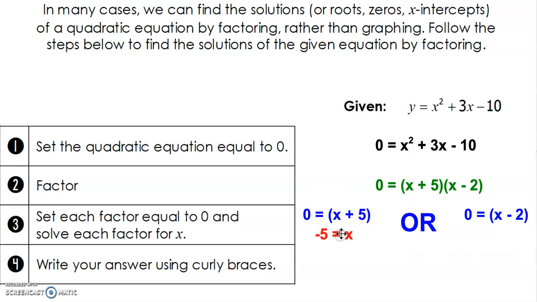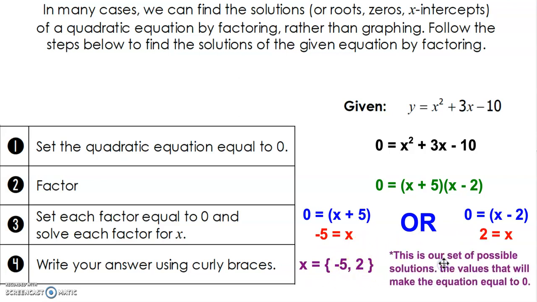So either x is negative 5 when we subtract 5 from both sides here, or x is 2 when we add 2 to both sides here. This means we have two answers. Either x is negative 5 or it's 2. So we have a set of possible solutions. This right here represents the values that will make the equation equal to 0. And we have more than one.